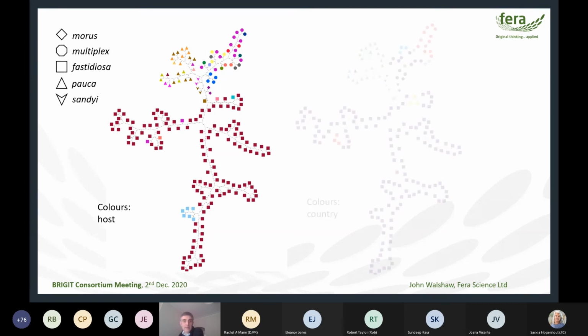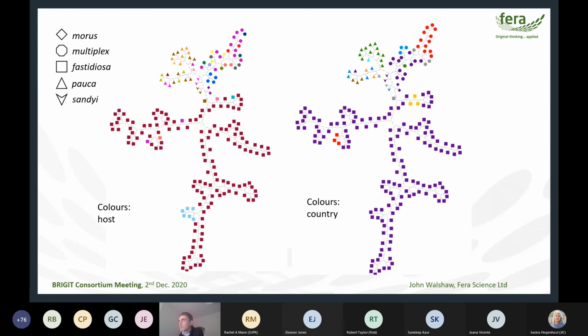And you can also colour these by the origin, where they've come from. And no surprise, there's lots of Californian fastidiosa and also some American genomes up in the corner here next to some European samples, strains from multiplex.